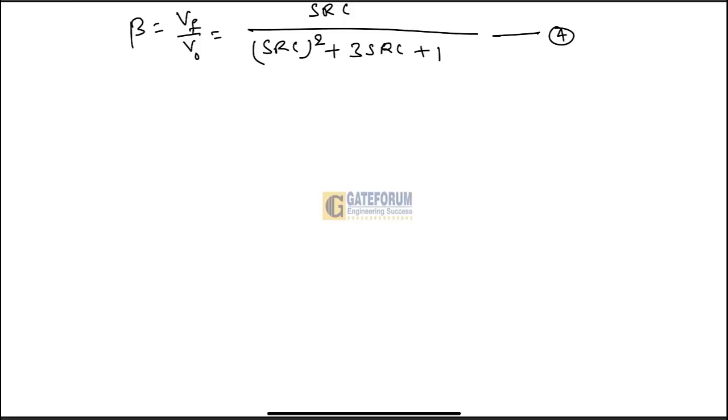Now, as we had seen in the beginning itself, for sustaining the oscillation, A into beta should be 1. A is the gain of the amplifier which is working in the non-inverting mode, so that is given as 1 plus R1 divided by R into the beta value, which we can substitute from this equation.